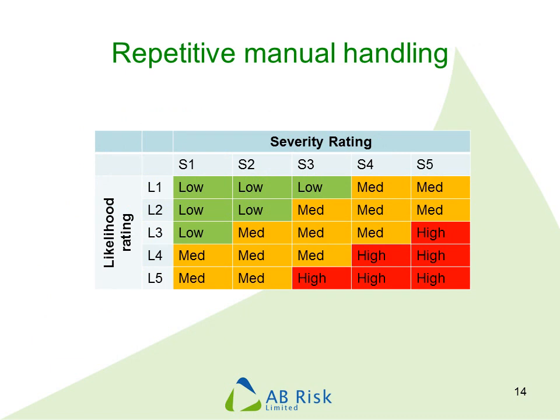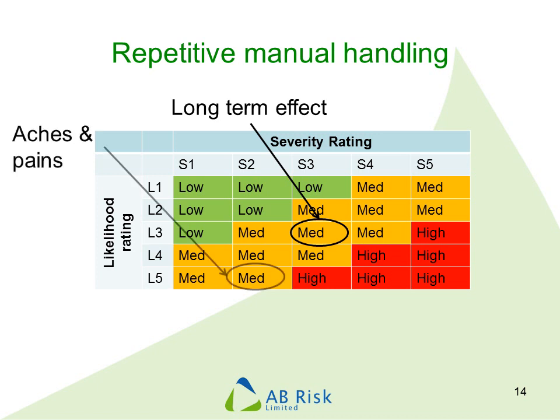Take our matrix again. The long-term effects, let's look at those first. Well, we've said that could fall into the major harm category, and we've said it's possible that some people will suffer from that sort of outcome.